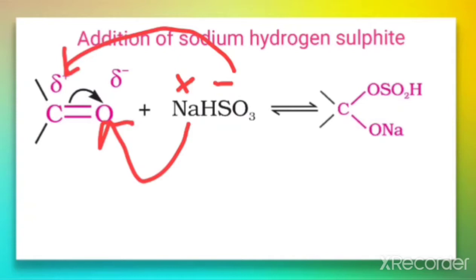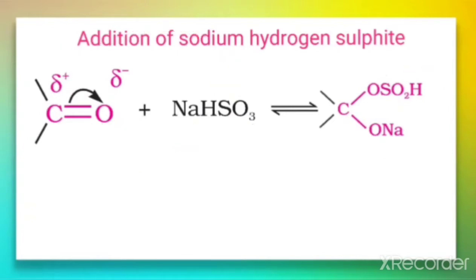So there will be formation of an intermediate in this way. You can see that here is already O and this Na, that is ONa, and here on this carbon atom, OSO2H. So there is a formation of an intermediate.